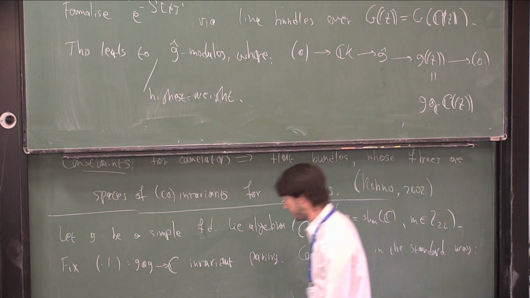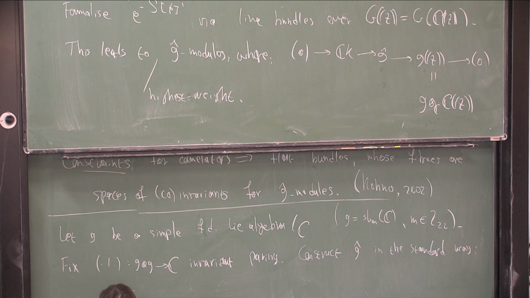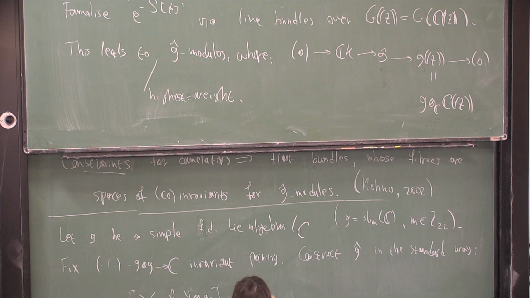So this means that I impose the following commutation relation, just to be all on the same page. If these are two elements f and g, the bracket here is just going to be the bracket in g of these two elements times the product, and then a term involving the central element.